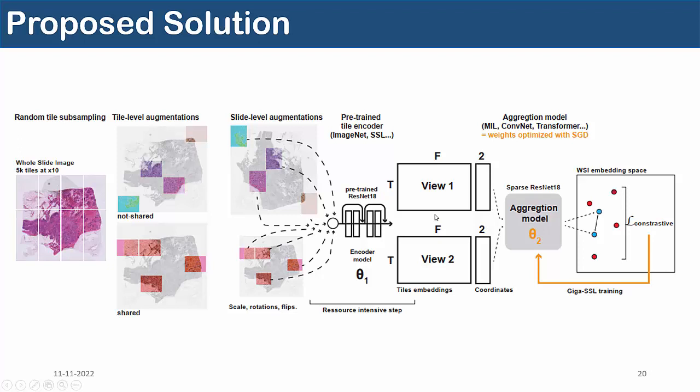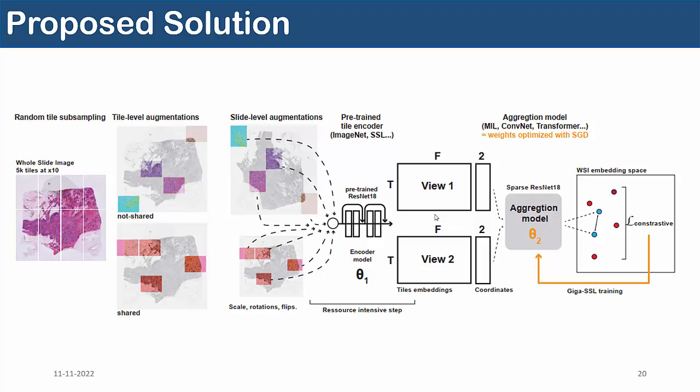So when these two matrices are multiplied, they are fed into the aggregation model, and this aggregation model is going to be something represented by the pooling P theta, where you calculate the MIL or ConvNet or transformer.